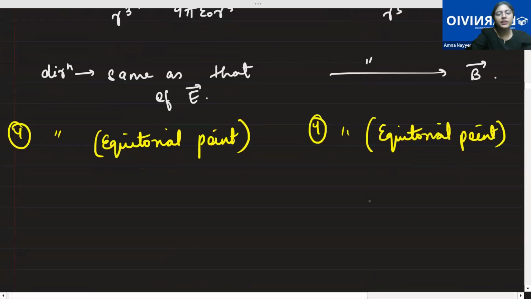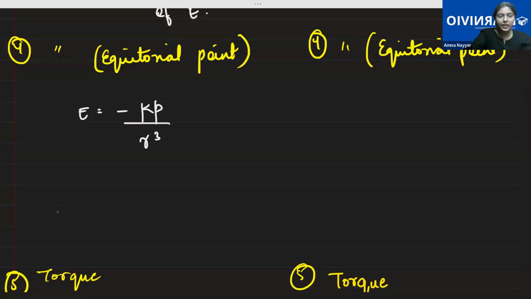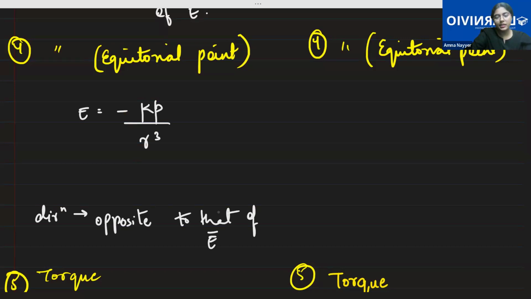Then we talk about the equatorial point. In equatorial point, electric field is equal to minus kp by r cube, right? And when we talk about the direction, it is opposite to that of electric field. So here also we write the same analogous form.